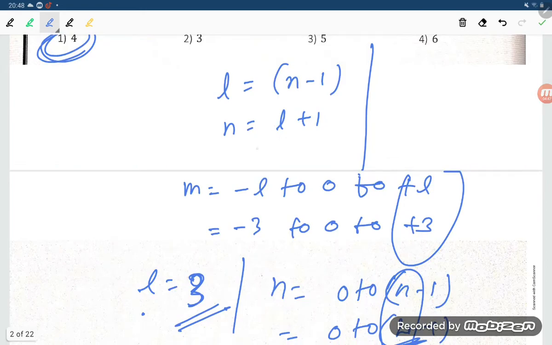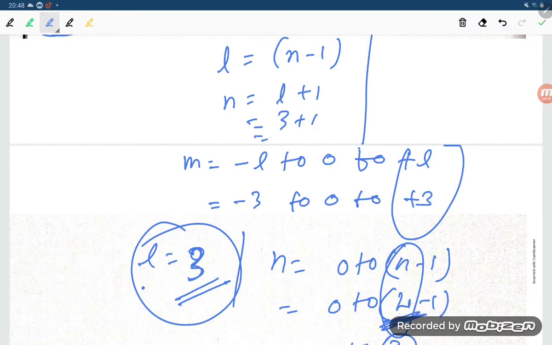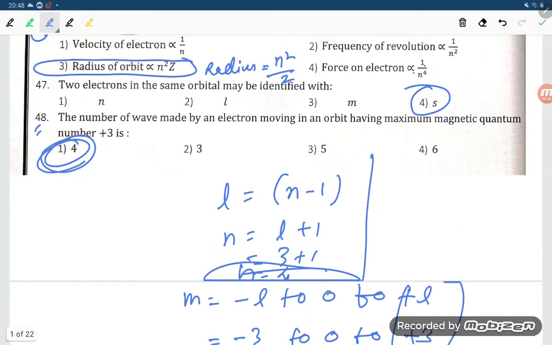The L value we have seen here is 3, so 3 plus 1 is 4. So n is equal to 4, and 4 is the number of waves.